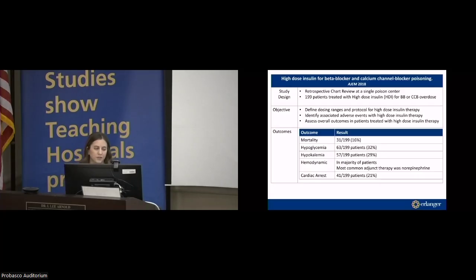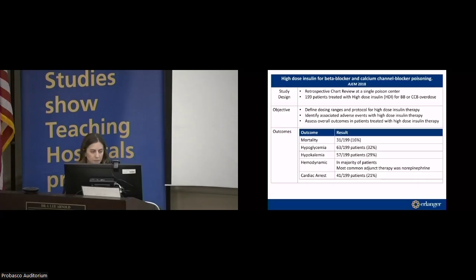As far as outcomes, 31 of the 199 patients died during the study, but the deaths were not directly related to the therapy. Hypoglycemia as an adverse event was more common, they found, in the beta blocker overdose group versus the calcium channel blocker overdose group.